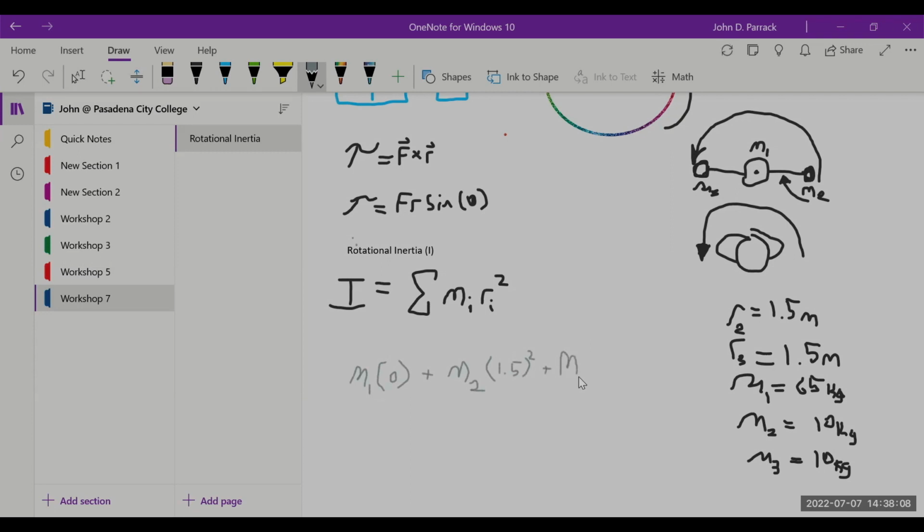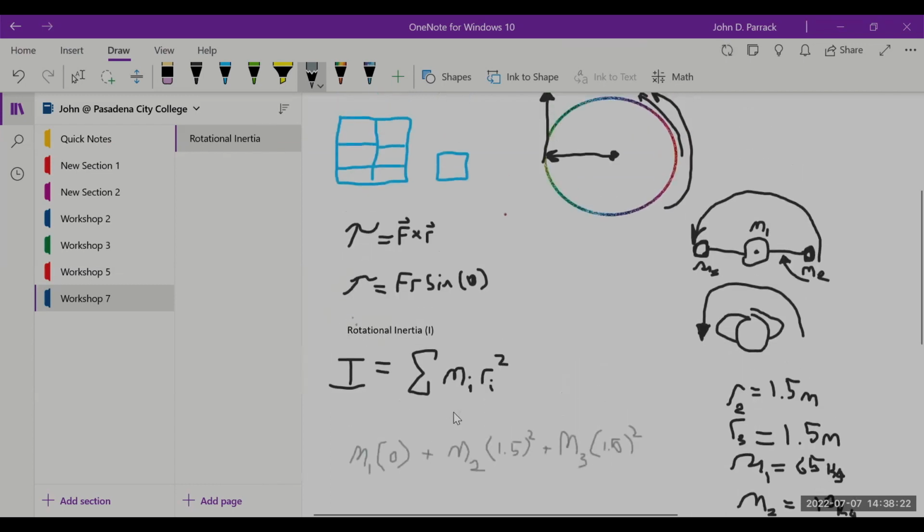And then we add mass number 3 times R3, which is 1.5, and we're going to square that. So we punch this in, you can punch it in quickly to your calculator. Since my mass over here is just going to cancel out, we're treating it as a point mass at the center.